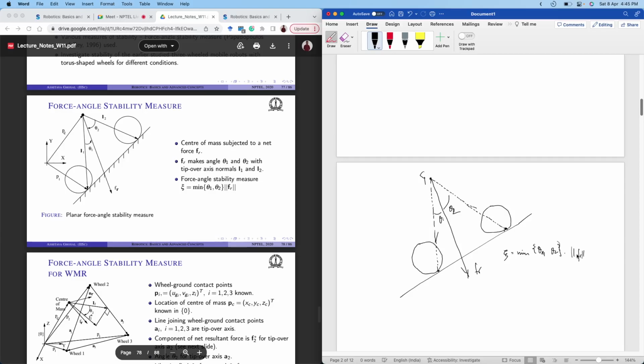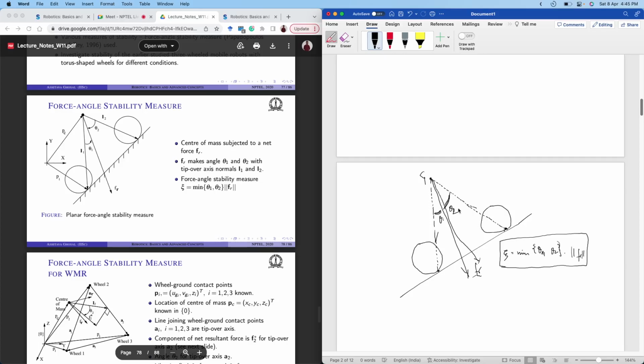So essentially, to have the largest possible measure of stability, we should always try to keep theta 1 and theta 2 balanced. So this Fr should lie in the middle of this particular triangular cone.